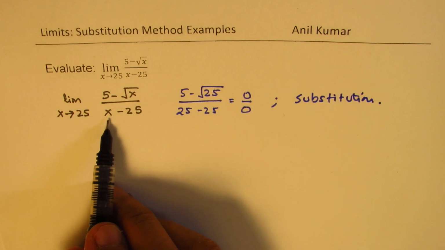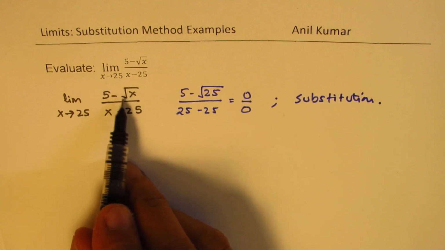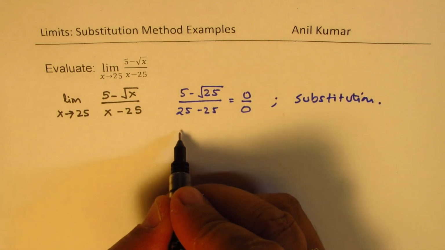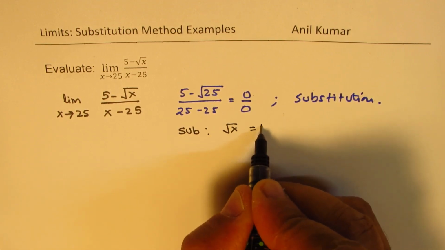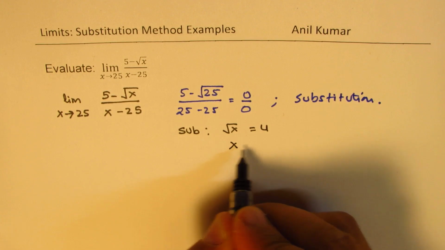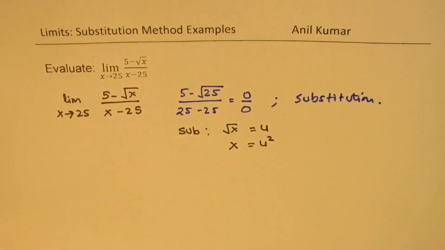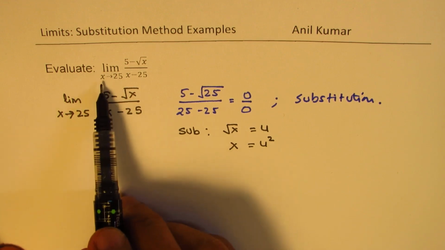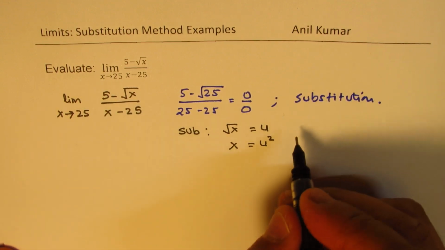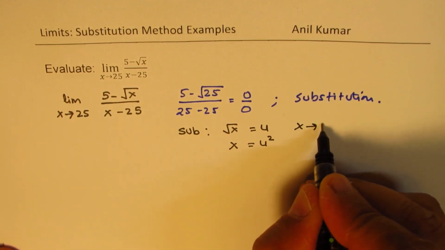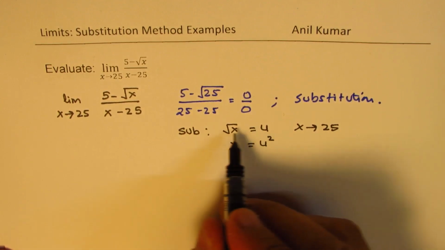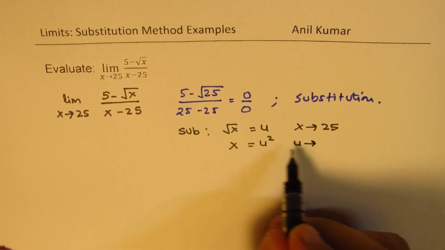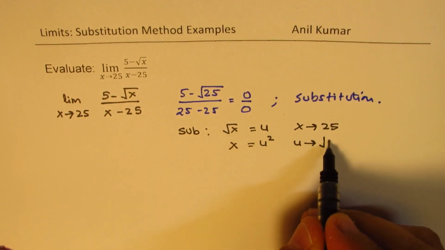We'll look into this square root term. We'll substitute square root of x as u. In that case, x becomes u squared. Whenever you do substitution, you have to look into the limit part also. The limit says that x approaches 25. So what will u be approaching?